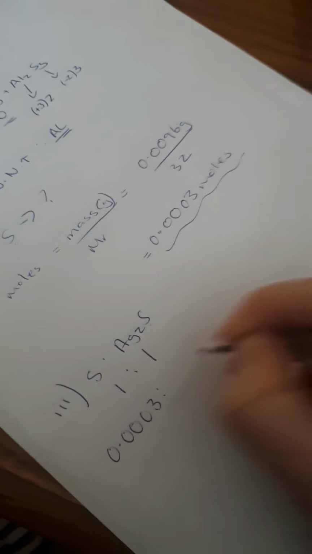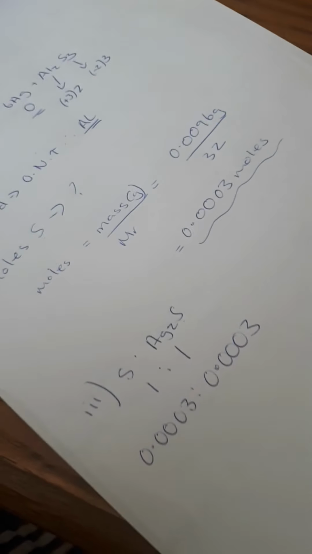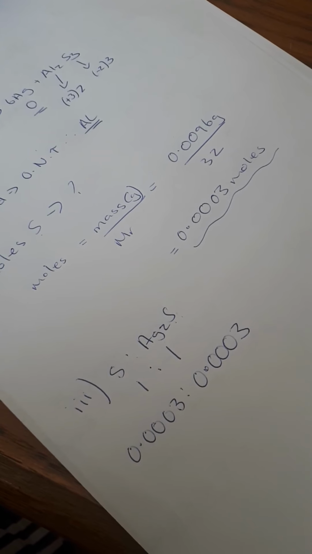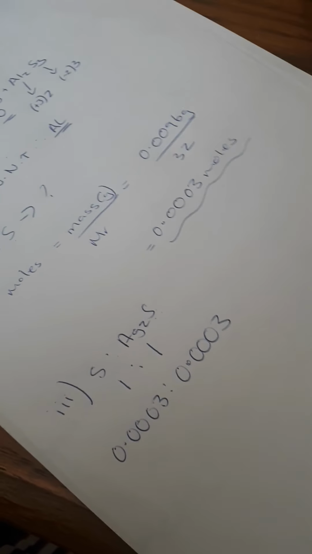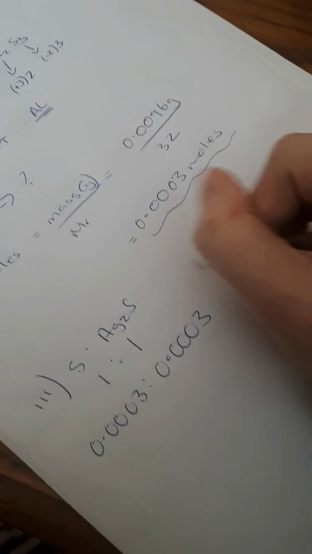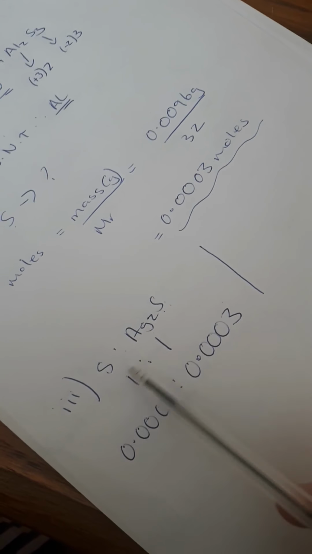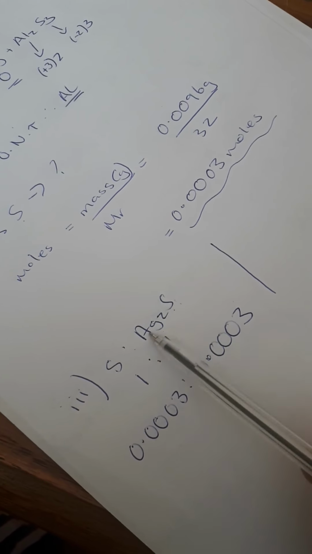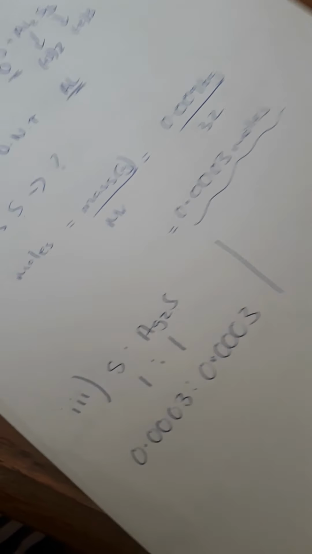So if I have 0.0003 moles of sulfur, I have 0.0003 moles of my silver sulfide. Then you're asked in the question, and I think it was this part that people found difficult. Remember, I have 1 atom of sulfur in each of these molecules, so I have a ratio there of 1:1.